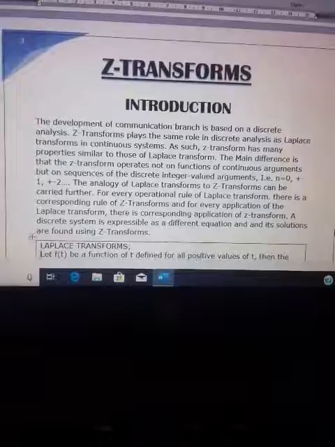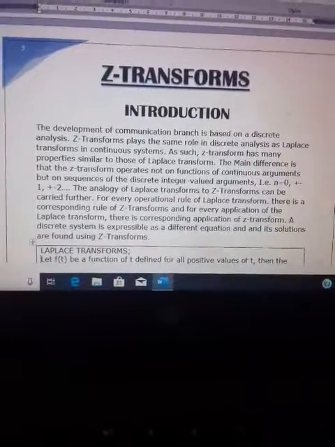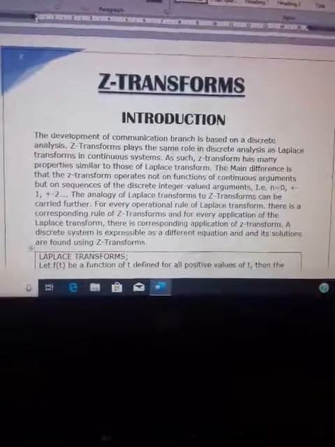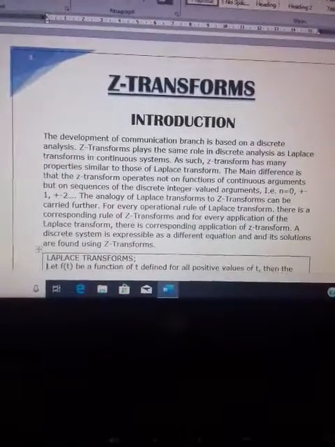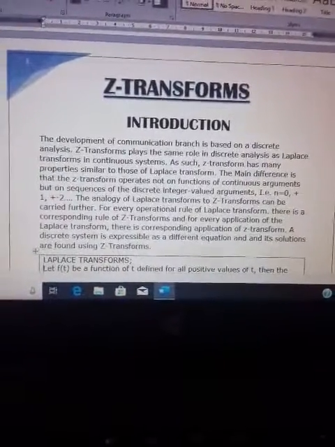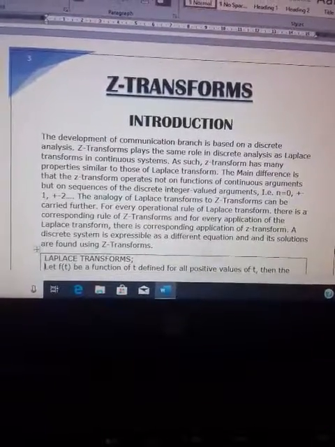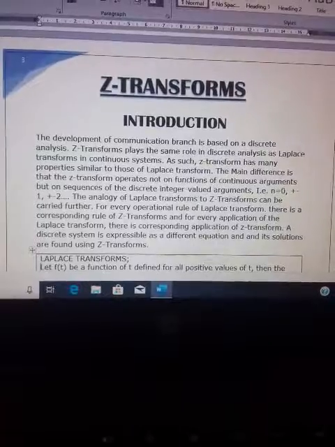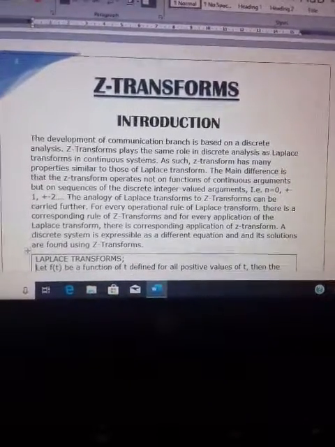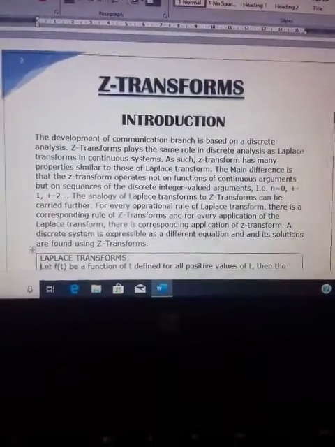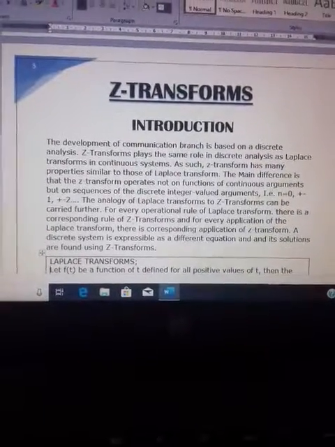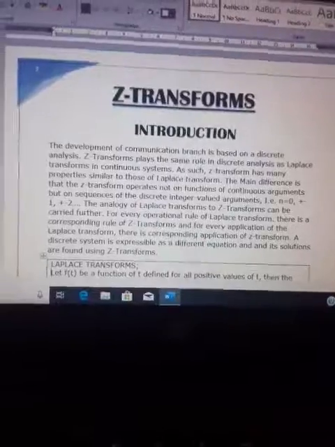However, the main difference between them is that the Z transform operates not only on functions of continuous argument but on a sequence of discrete integer valued argument. The discrete system is expressible as a difference equation and its solutions are formed using Z transform. Normally, Z transform solves the difference equation, very helpful to solve the equation.